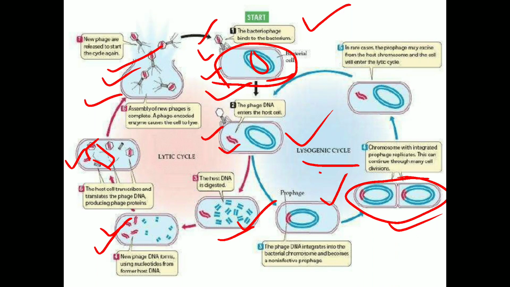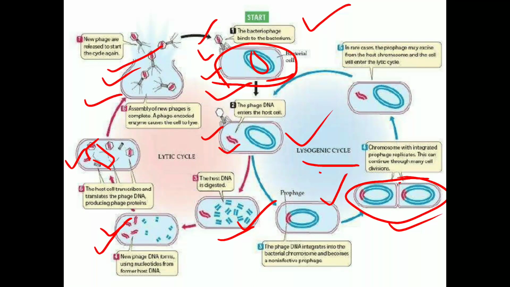The bacterial cell divides, and at the same time there is a formation of two copies of that viral DNA and the bacterial chromosome, and one copy is transferred into the daughter bacterial cell.